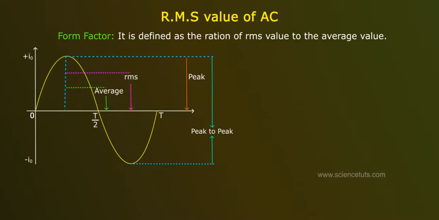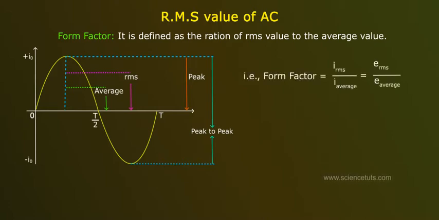Form factor. It is defined as the ratio of RMS value to the average value. That is, form factor equals I_RMS by I average equals E_RMS by E average. Now we know that I_RMS equals I naught by root 2 and I average equals 2 I naught by pi.